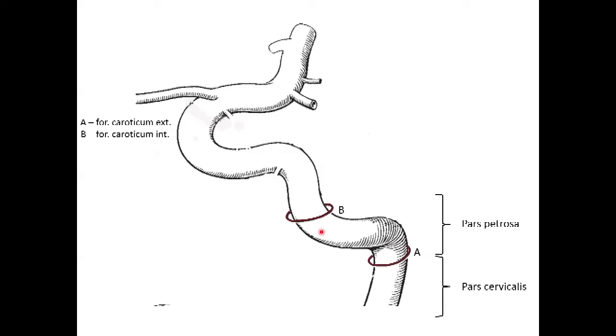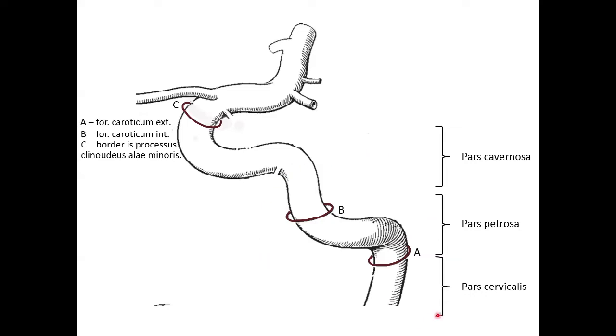And then we can find another designation, letter C. What is it? It's the border between the next part. The next part is named pars cavernosa.